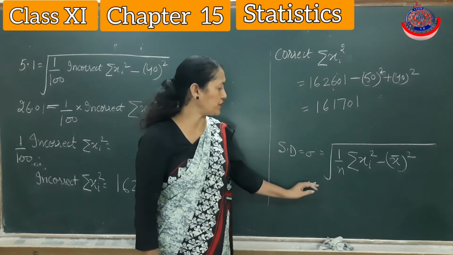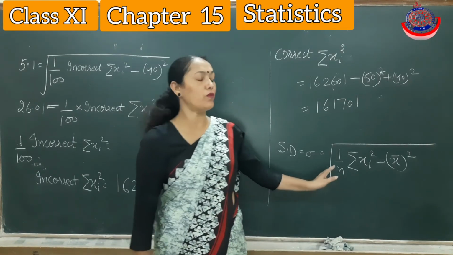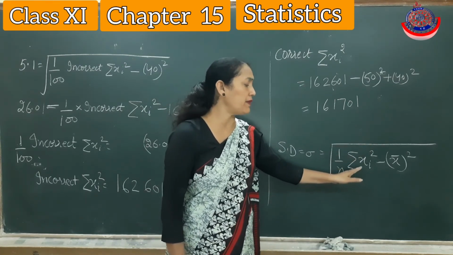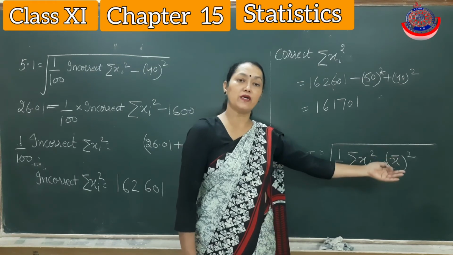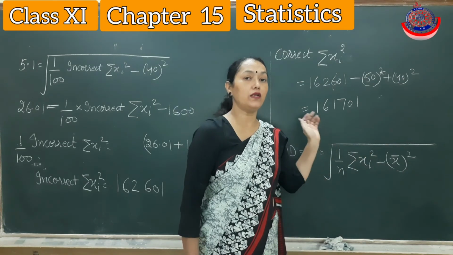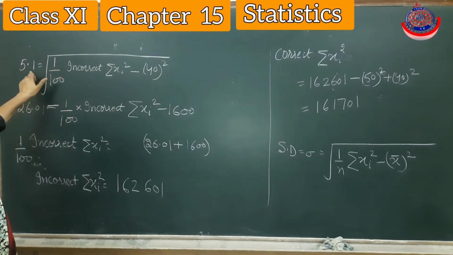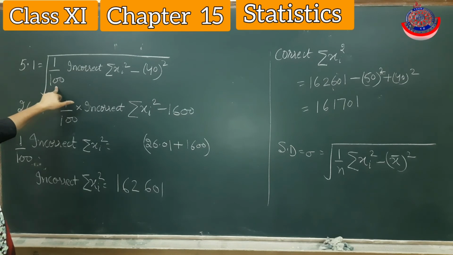For standard deviation sigma, we know that the formula is under root of 1 upon n of sigma xi square minus x bar square. So first of all, we'll be dealing with incorrect values. Incorrect standard deviation is 5.1, under root, number of observations is 100.